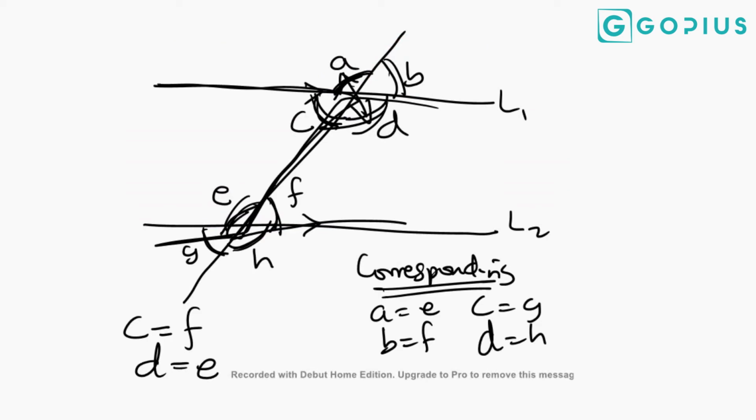So A and D are vertically opposite, so A is equal to D. Now C and B are also vertically opposite, so C is equal to B. On this other side, E is equal to H, and also G and F, G is equal to F. We call these vertically opposite angles, and they are equal in math. Corresponding angles are equal, alternate angles are equal, and vertically opposite angles are also equal. That's the angle that is directly opposite the other one. We call them vertically opposite angles, and they are equal.